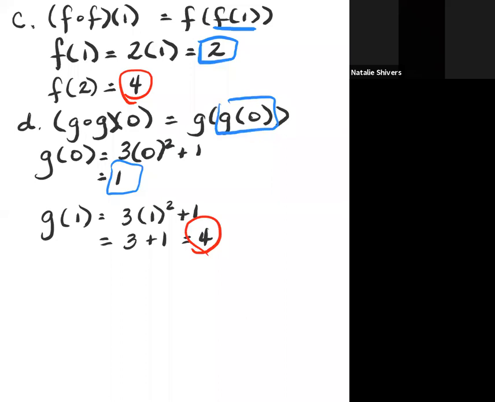All right. So now we're going to switch to where there's no numbers. So f of x equals x squared. G of x is x squared plus 4. And we're going to do the same order.